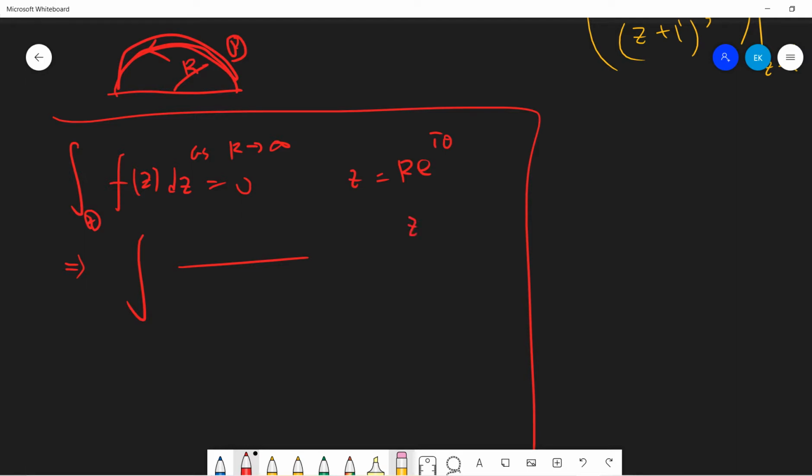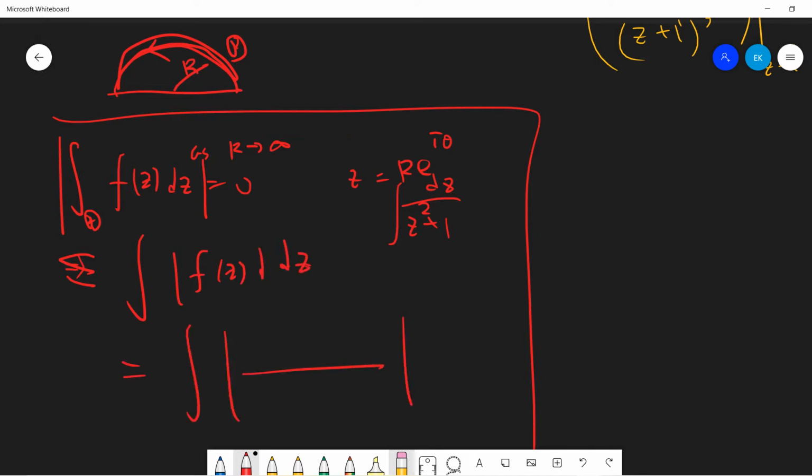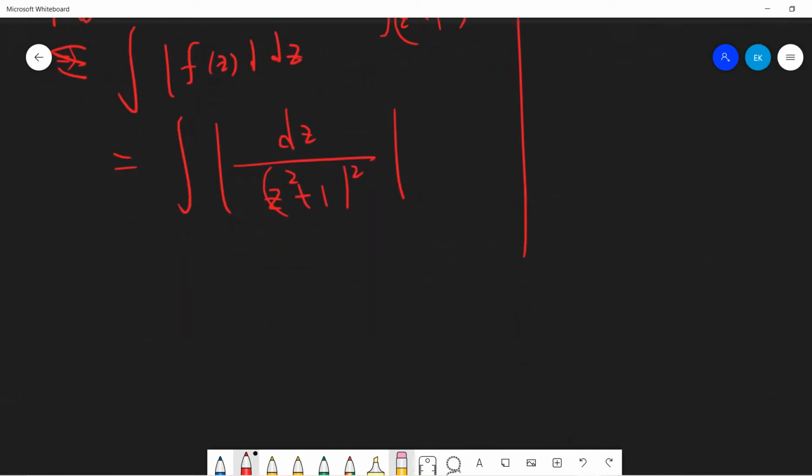The key is that if we take the absolute value, then this term is less than or equal to the integral of the absolute value of f of z times dz, which is less than 1 over the absolute value of z to the fourth times dz.